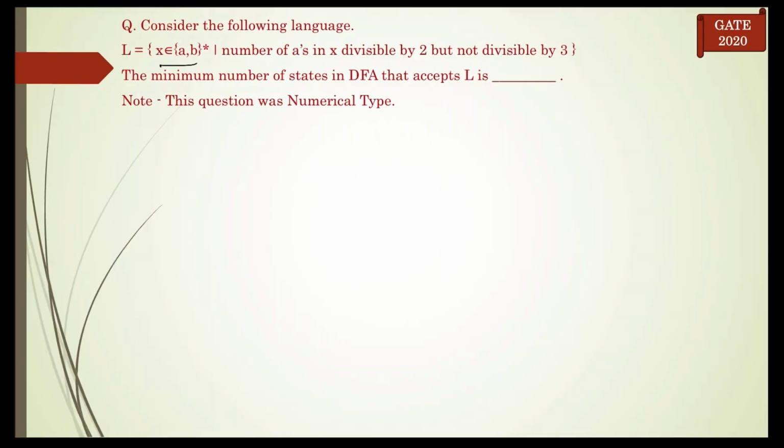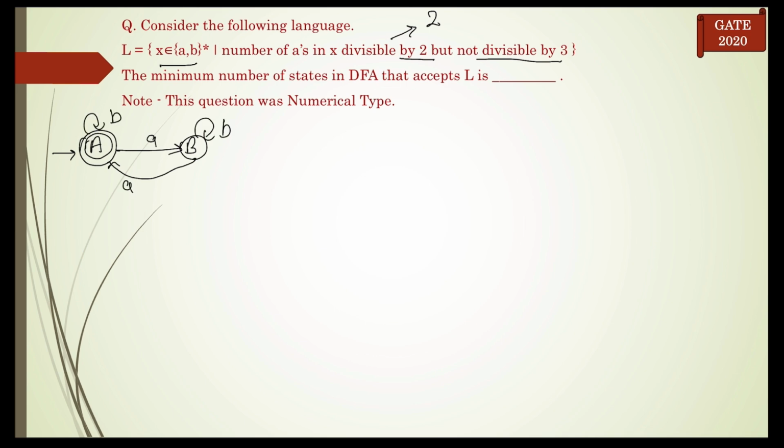Consider the following language where x belongs to {A, B}* such that number of A's in x is divisible by 2 but not divisible by 3. So number of A's in x divisible by 2 will have 2 states, A and this B. And since there is no restriction on B, we can apply the self loop here.